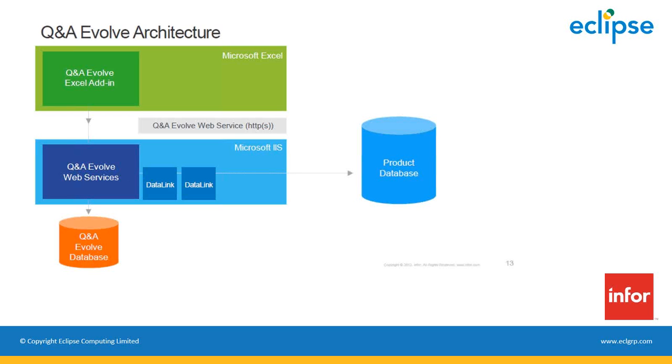Q&A Evolve application server. So the web service actually controls the access to the database. All of the clients just point at a single application server, and then the application server itself manages access to both the Q&A Evolve configuration database and any product databases, obviously Sun Systems, sitting on the database server.